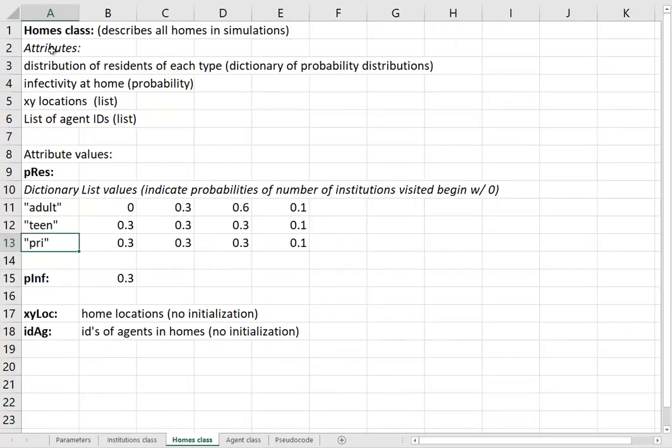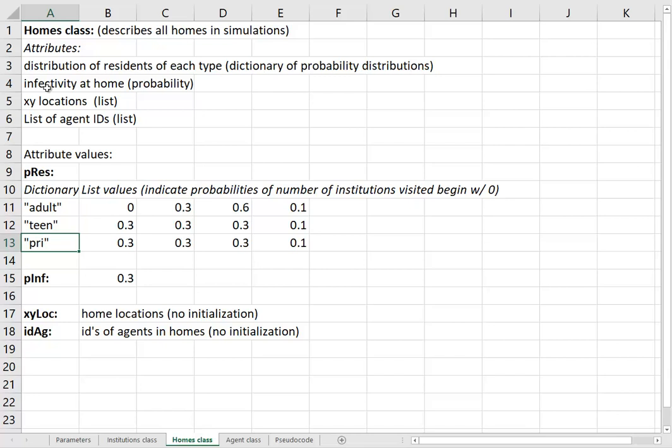Homes class, we're just going to define one instance of homes class. And the homes class, the attributes are the residents of each type, which will be, there will be some adults, some teens, and some primary in every home. The infectivity at home, for instance, what's the probability that someone who goes home will infect someone else at home on any given day?